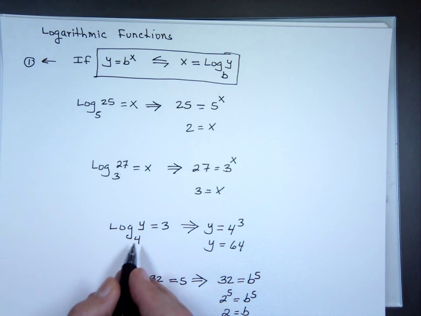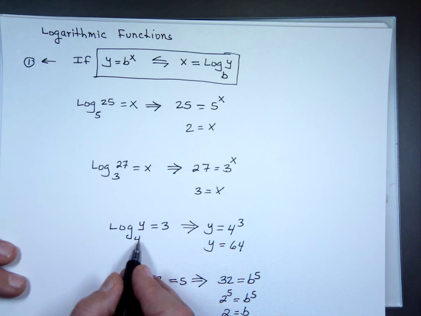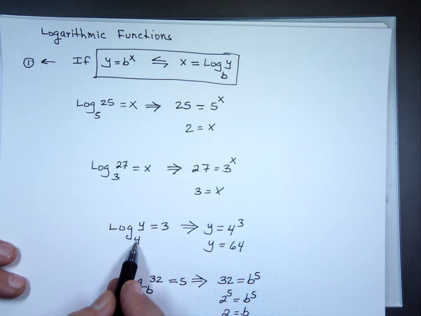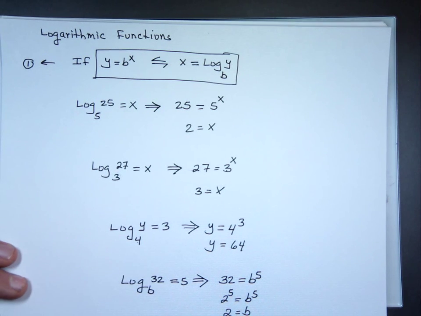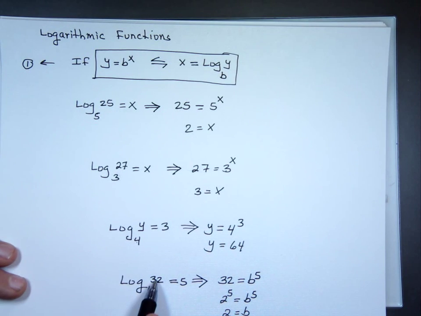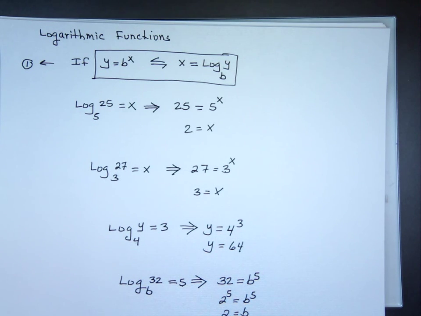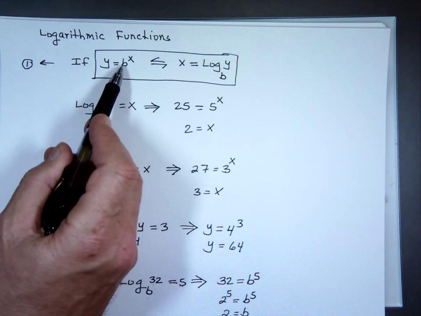To what power, or in this case I'm looking for y equals the base, which is 4 to the power 3. 32 equals the base to the power of 5. So if I label them beside x and y, I can call b the base, I can call this the answer, I can call this the number. The number equals the base to the answer.